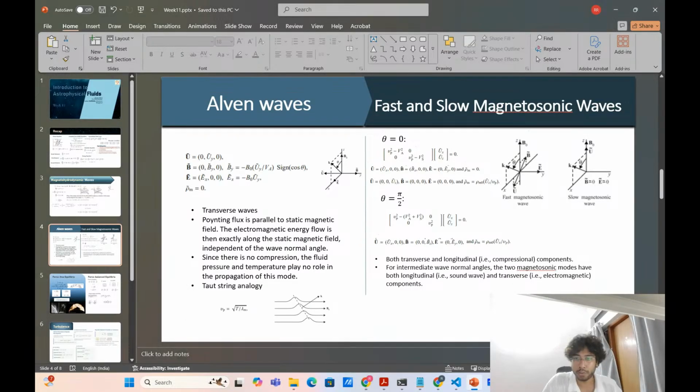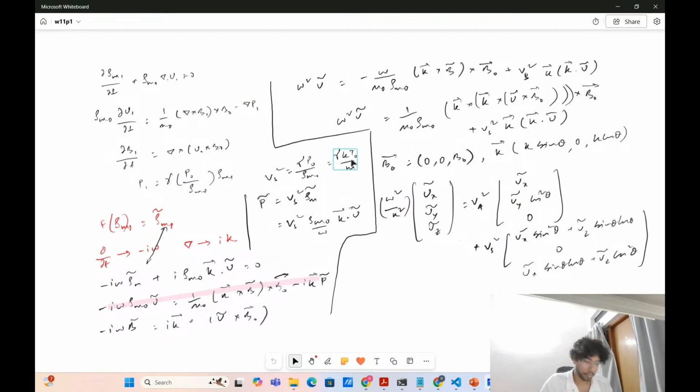So let me just show maybe from the notebook here. Let's see from this equation. b tilde is actually k cross u tilde cross b naught, right? So u tilde, as I said, is in the y direction, b naught is in the z direction, and k is in the xz plane.